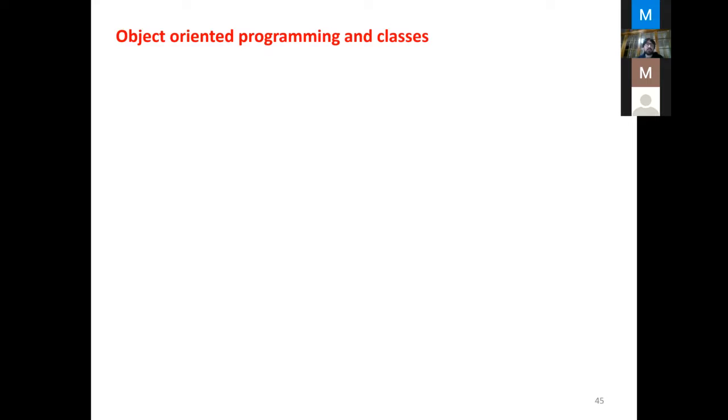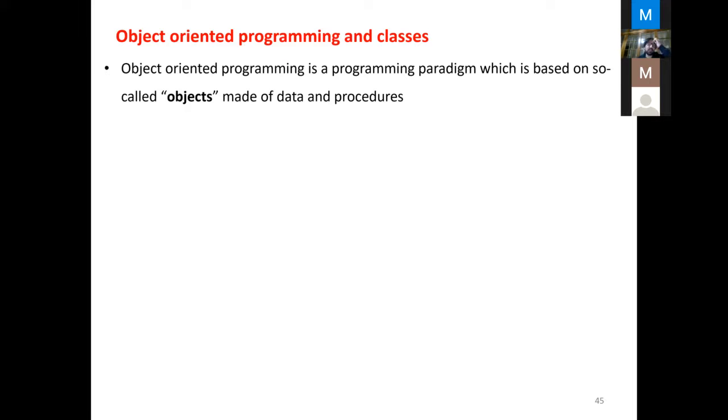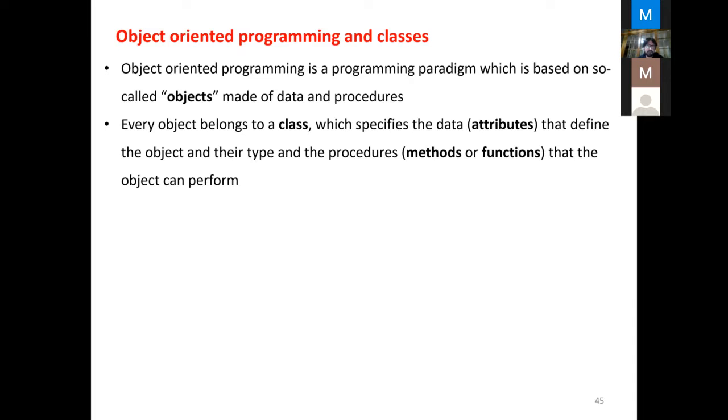So we can go to object-oriented programming, now that we defined what a function is. In object-oriented programming, everything is based on objects, and these objects are made of data and procedures.